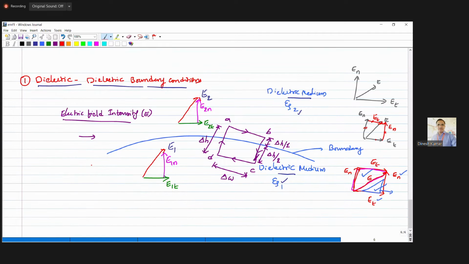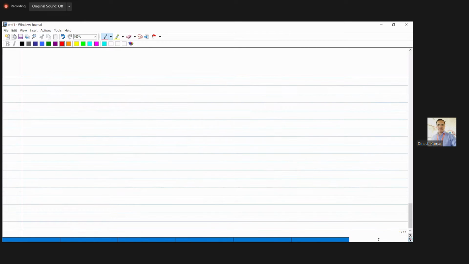So finally, we have come to the dielectric boundary conditions. I will draw it, don't worry. See, this is an empty page. If you want to make two regions, definitely I have to draw one line. That line will act as a boundary between the top of the page and the bottom of the page.